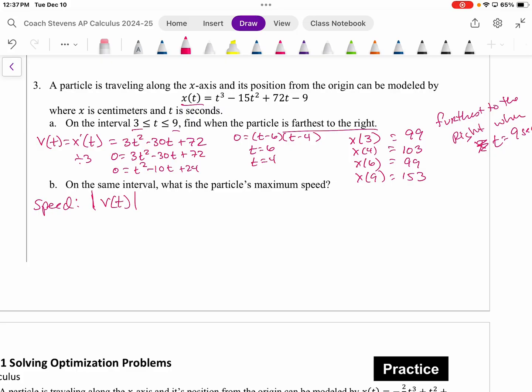So we need to make sure we take the absolute value of it. With that in mind, let's find v prime of t. That gives us 6t minus 30.